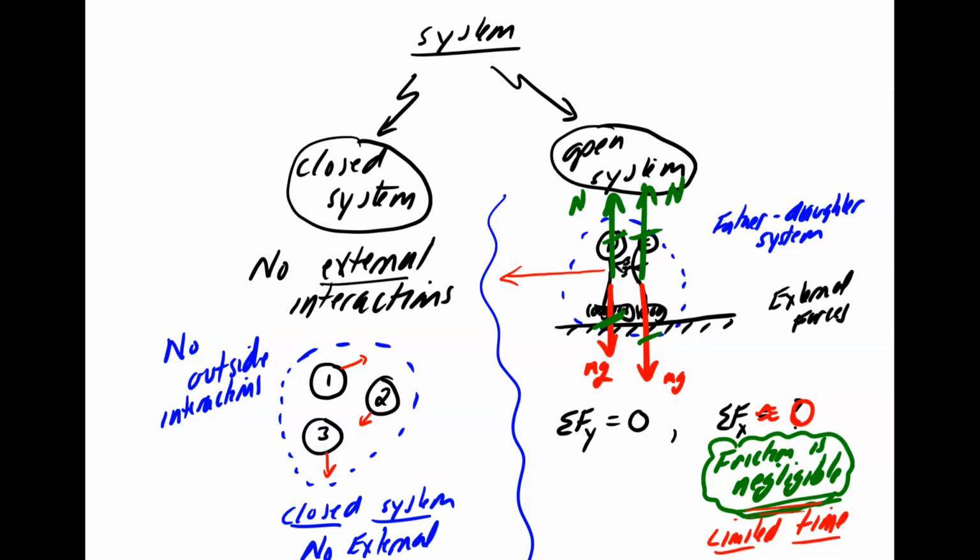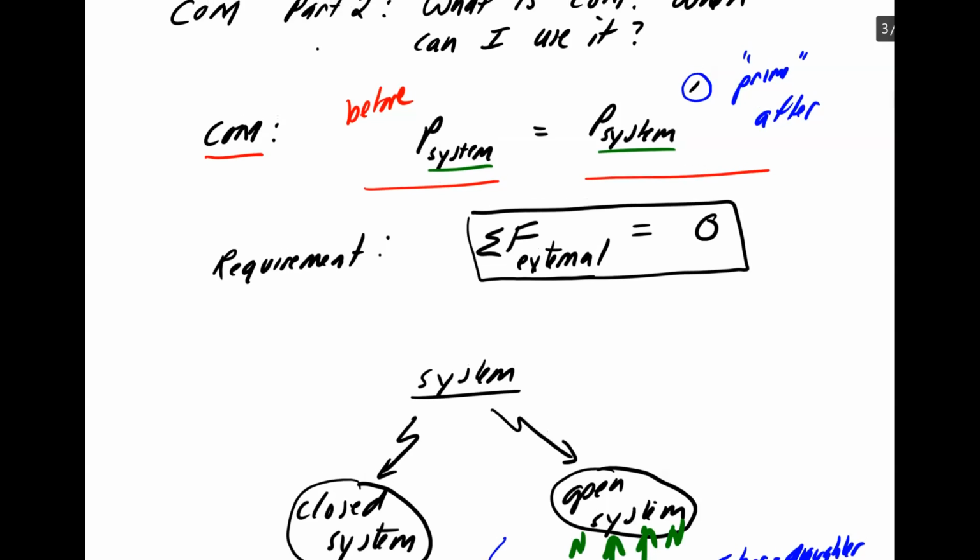So our time in these problems is usually very, very limited. So tiny forces acting over a very limited amount of time, we can still treat them as though they are zero.